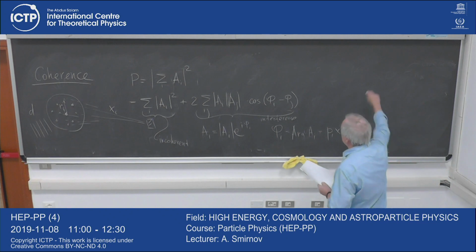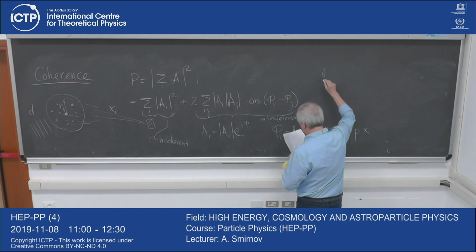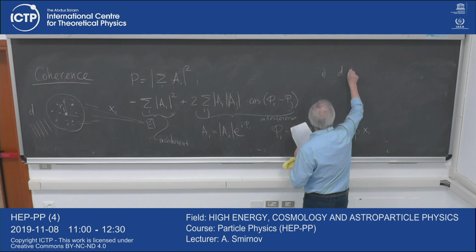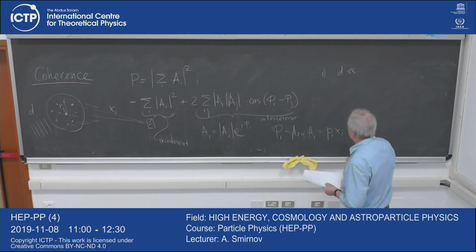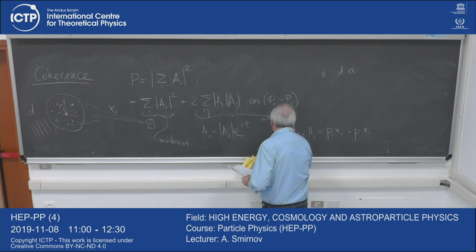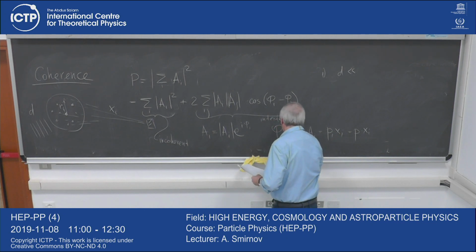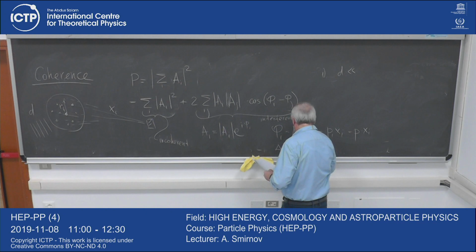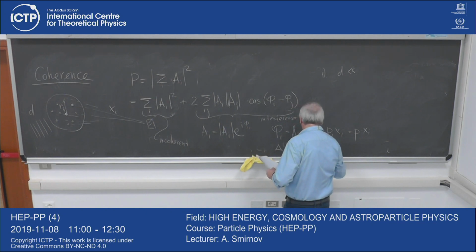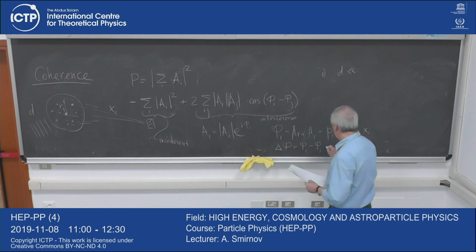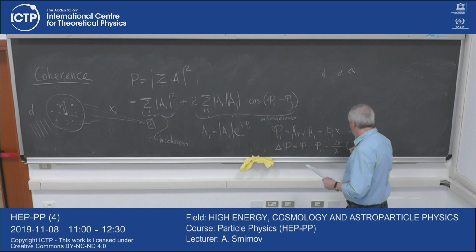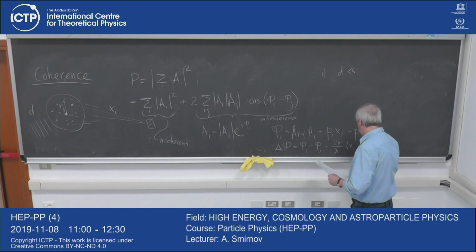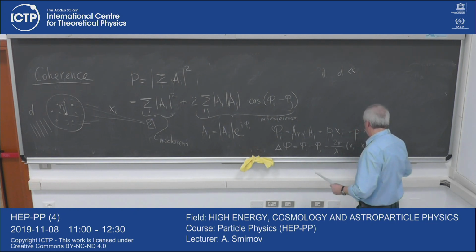So let us consider two cases. The first is when d is, let me add another formula. So let me add the formula for the difference of the phases, which is f_i minus f_j, which appears here. And it will be given by 2 pi over lambda, and here is x_i minus x_j, right?